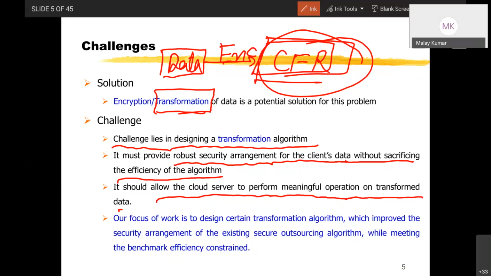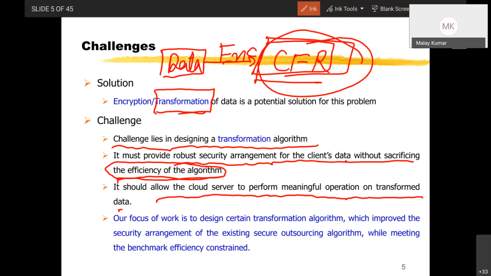But the point is that for such a robust system, performing a computation over that encrypted data either is not possible, entirely not possible to perform a computation over that data, or even if it is allowed to perform such kind of computation, it will not be efficient, or it will be computationally very expensive. Okay, so the entire objective of outsourcing is that whenever you are outsourcing, you are gaining economically, in terms of computational gain.